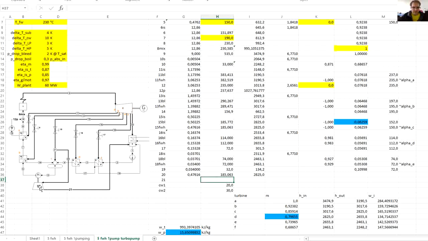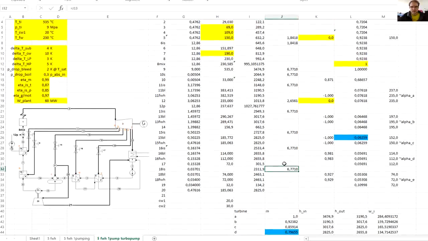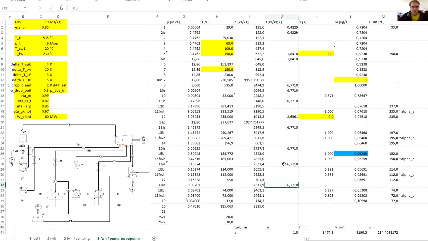But this is a turbine inlet, so we will also need to get entropy. And we can get the entropy as a function of, for example, pressure and enthalpy. Where do we have entropy? Some function. Let's use this one and modify it.